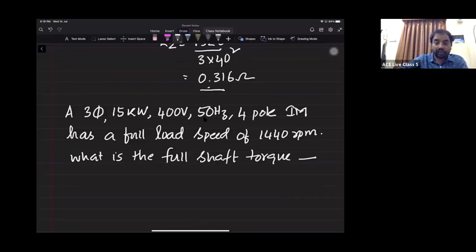Fine. The PRI formula is 3I2 square into R2 by S. Then how to calculate the shaft torque? Now the question comes.